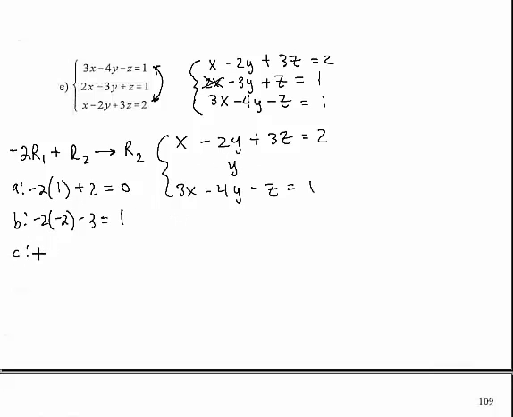For the c coefficient we have negative 2 times a 3 plus a 1 ends up being a negative 5. And then for d we have negative 2 times a 2 plus a 1.